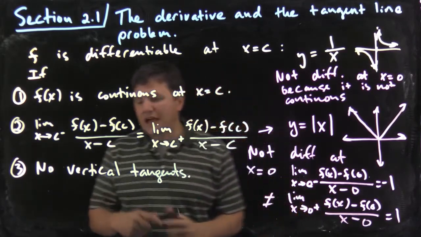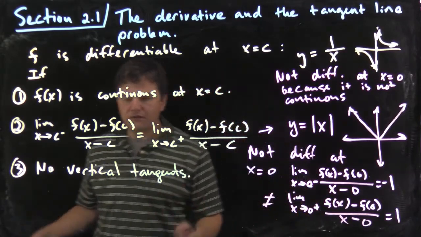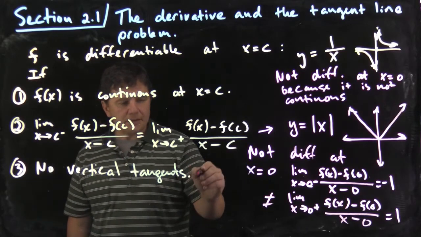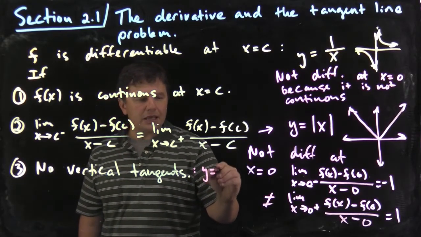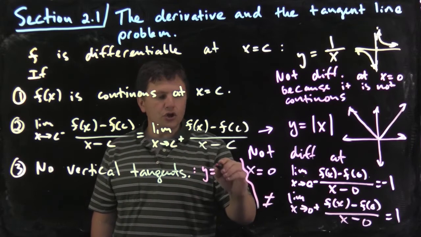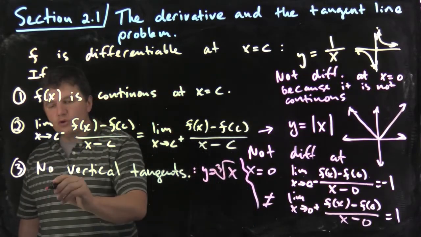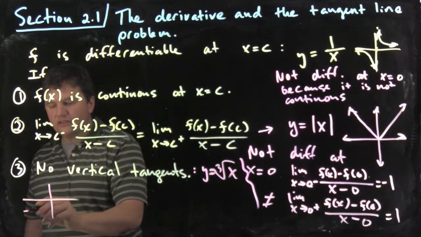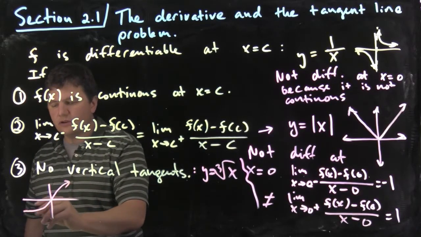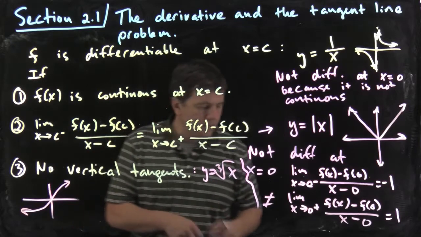And the final thing is, and if you want to investigate with this, otherwise you can take my word for it, let's take the function y equals the cube root of x. If you graph this on a calculator, you're not going to see it. It's going to look something like this, and you're going to say, hey, that's fine.